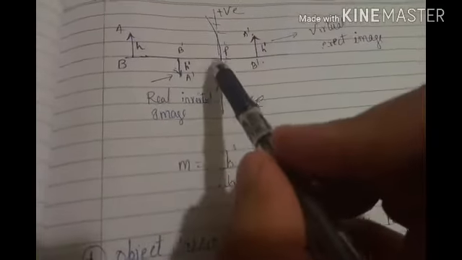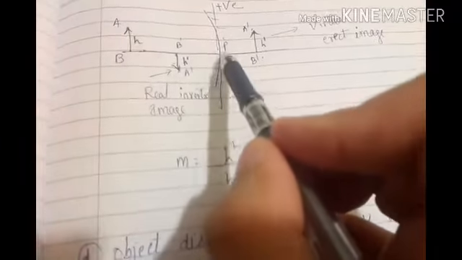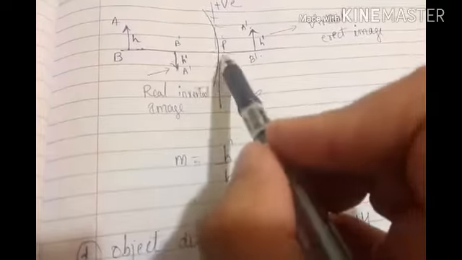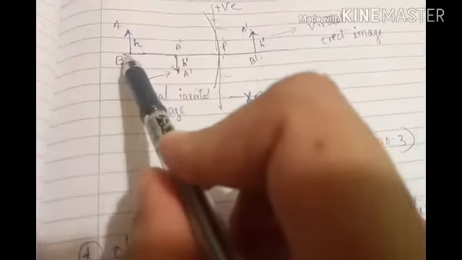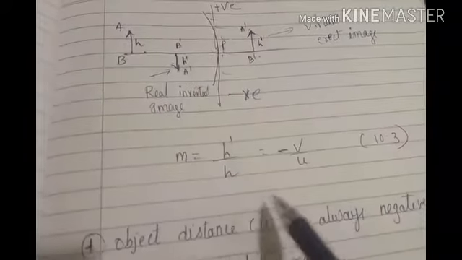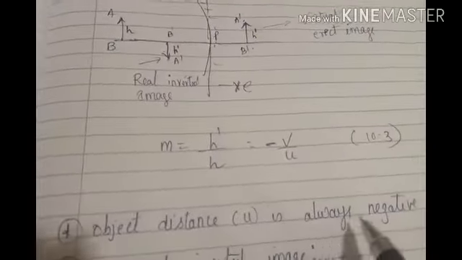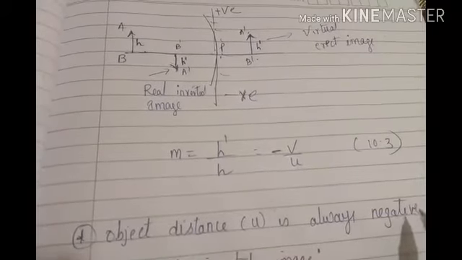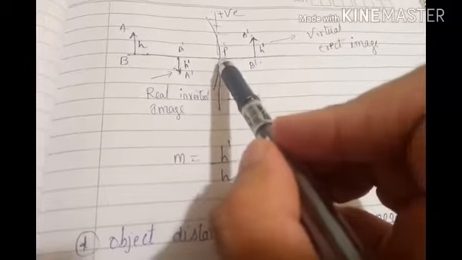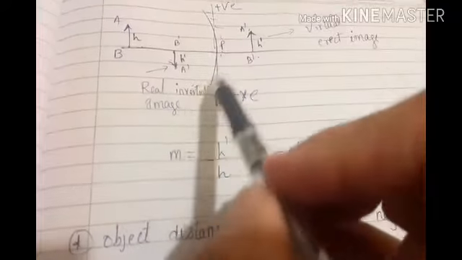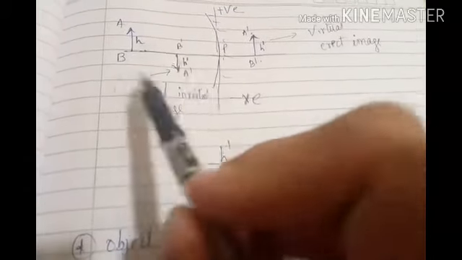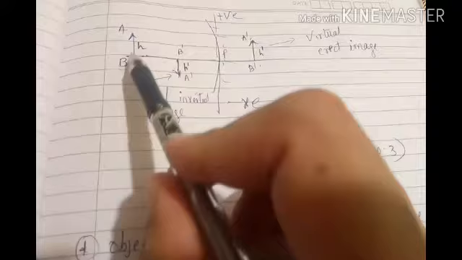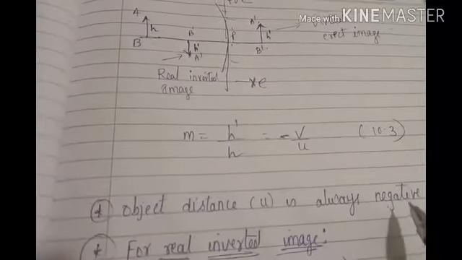The object is present here, so from here to here is the object distance. Consider it as 10 centimeter, so u is equal to minus 10 centimeter, because the object is always placed on the left hand side of the mirror, as we have seen in earlier videos.